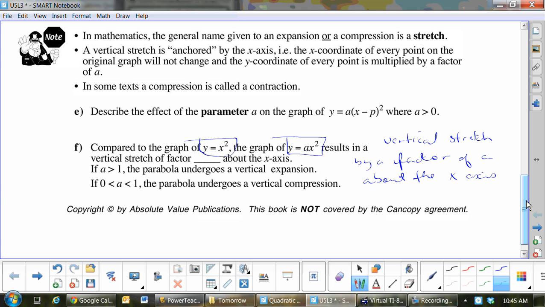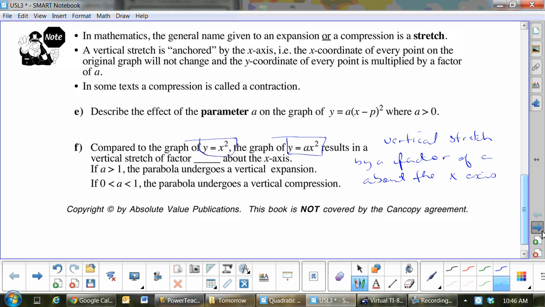Now 28 is going to be really narrow, right? We always say about the x-axis. Why? That's where it was nailed to. Okay? It was nailed to the x-axis, and it was stretched about it, right? So it's like I'm holding the bottom and I'm just stretching those two ends. I'm just pulling up on them. So maybe I just put them both here and I just stretch and stretch and stretch, okay?